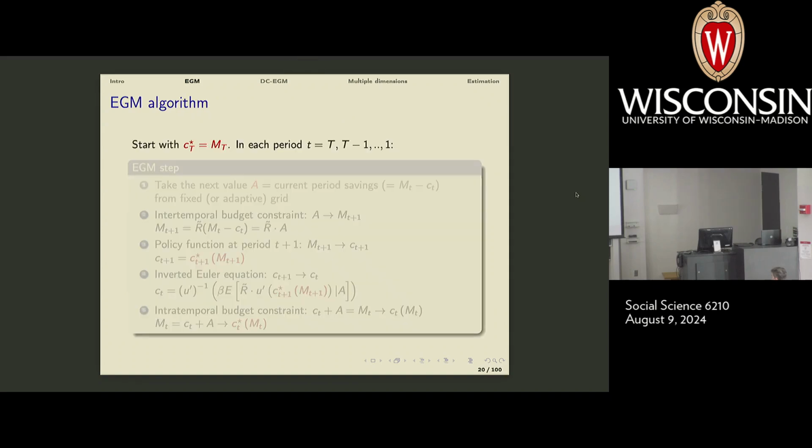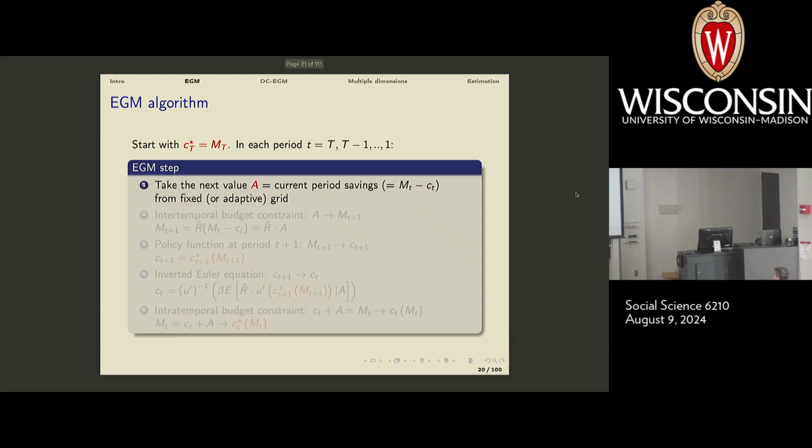So how does it work? Again, I'm going to be looking at the finite horizon problem, but as we already discussed, this applies in exactly same steps to the infinite horizon problem. So imagine that I start with saying that my optimal thing to do is to consume everything. Now, I'm going to be talking about this A, and this is just a number, okay?